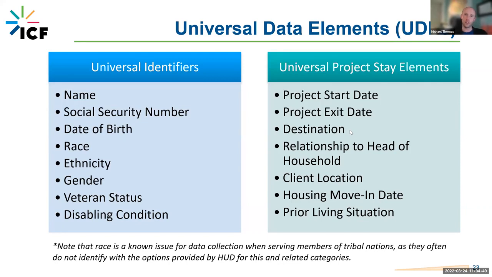So HUD tells the vendor which specific options have to exist for things like race. They're limited, they have to put what HUD says to put there, but members of tribal nations don't always identify with those specific options. So we just want to point out that that is a known issue in all of the HMIS systems, I guess I should say.